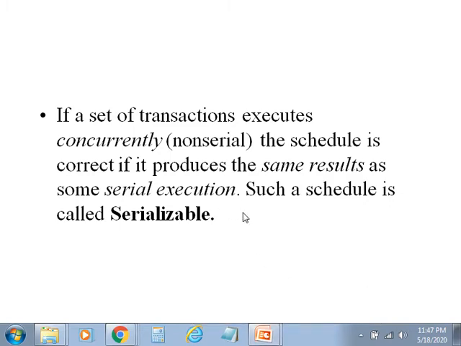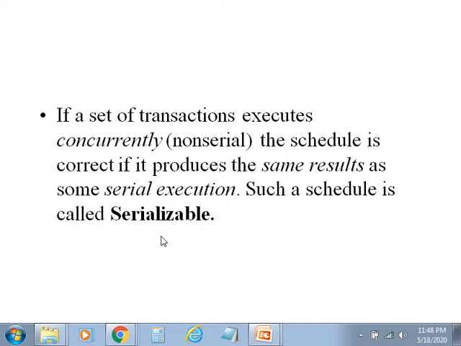So this is only the definition we are seeing. We can understand better by seeing the example. In other words, even when the transactions execute concurrently or simultaneously, that is with interleaving operations, the result should always be equal to the result if the same transactions execute serially. We know what serial transactions are. So the result always should be equal.